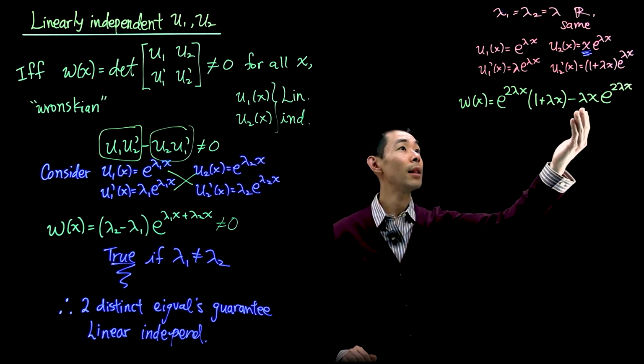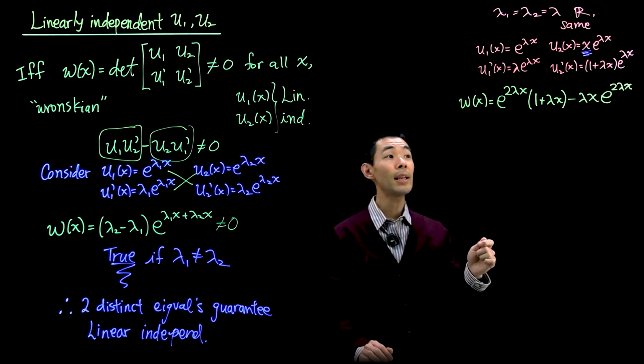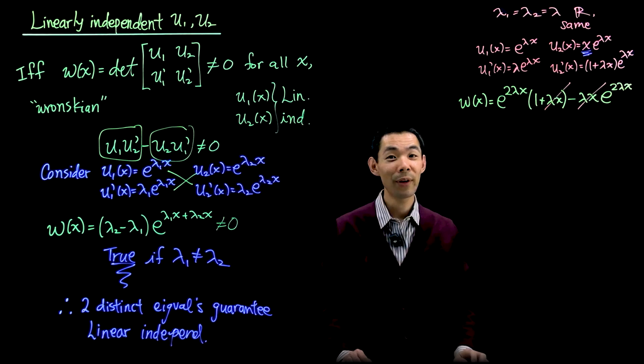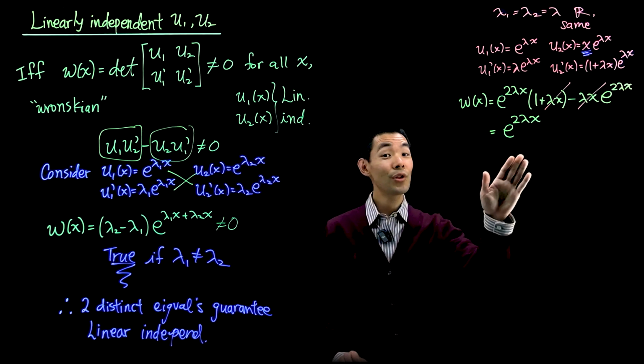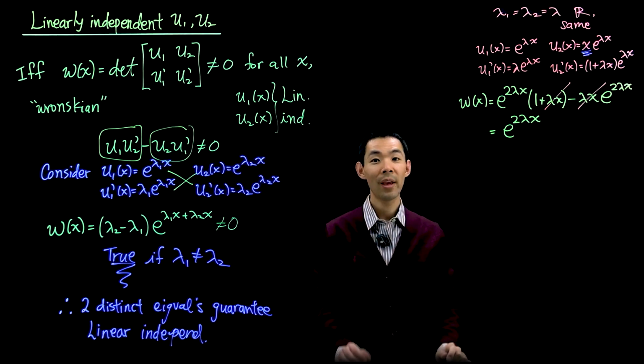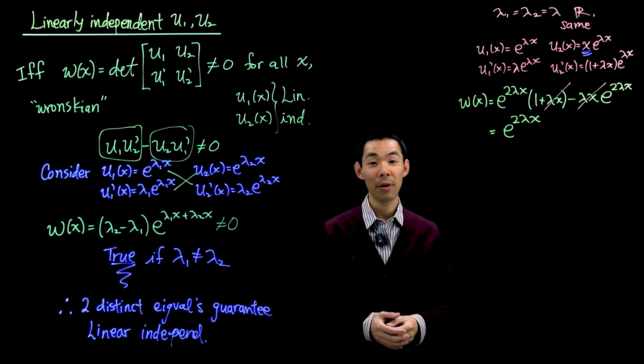And you simply get lambda times x, e to the 2 lambda x. And you can see that one of the two terms cancel. Therefore, all that you're left with is just this term right here, e to the 2 lambda x. And for all general x, this can never be equal to 0.